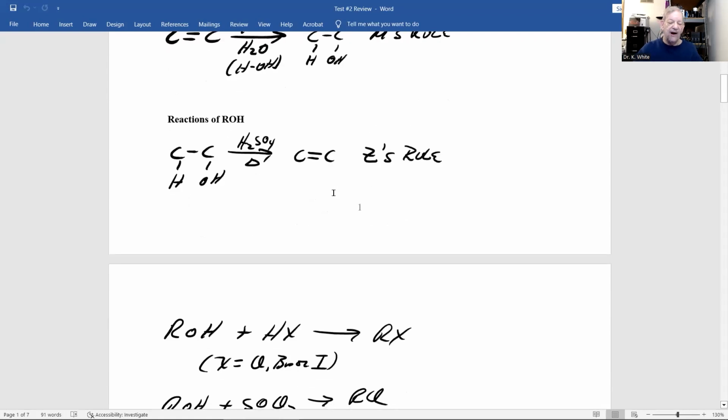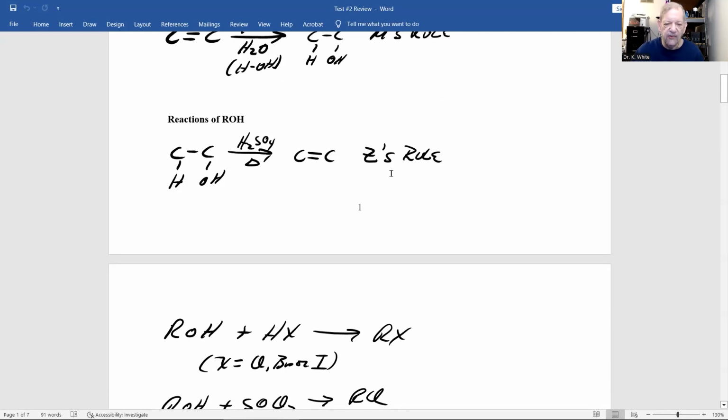Now let's talk about reactions of alcohols. And probably one of the more challenging this semester is dehydration of an alcohol. Dehydration, remove water. And here, if you take an alcohol that has a carbon next to it adjacent with a hydrogen, reacted with sulfuric acid and heat, you lose HOH, water, and between those two carbons, you form a double bond, and it follows Zaitsev's rule.